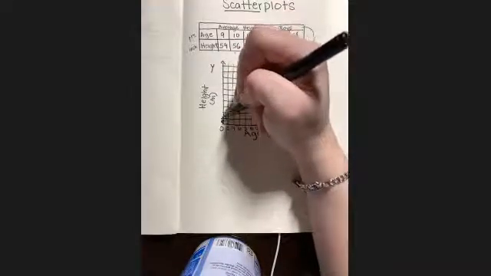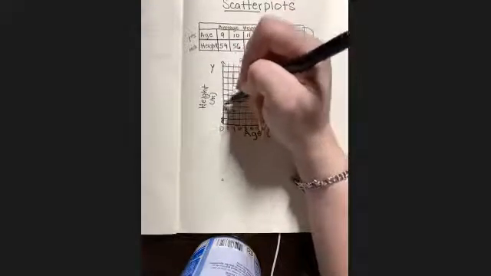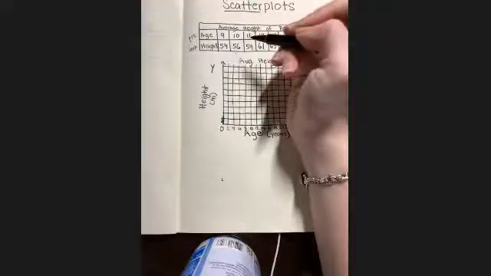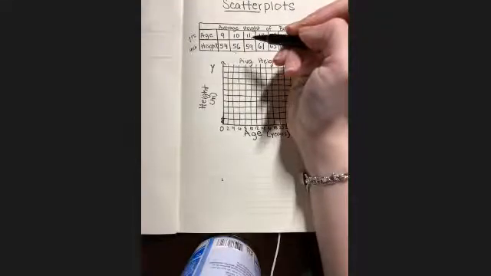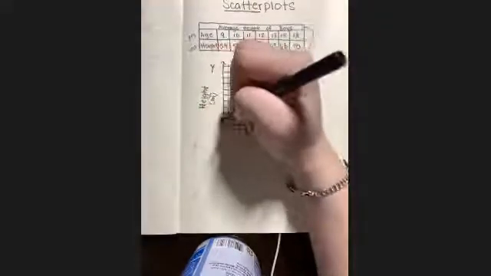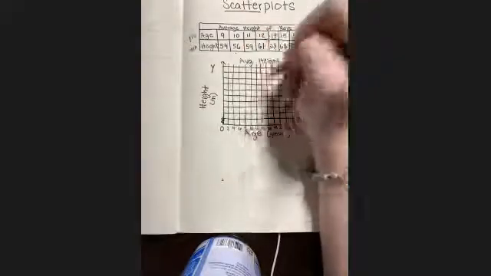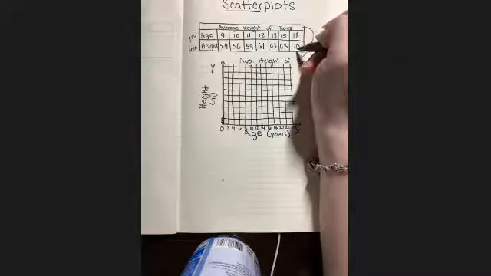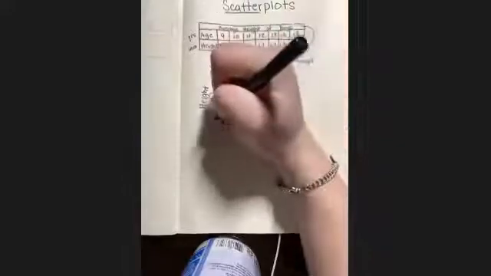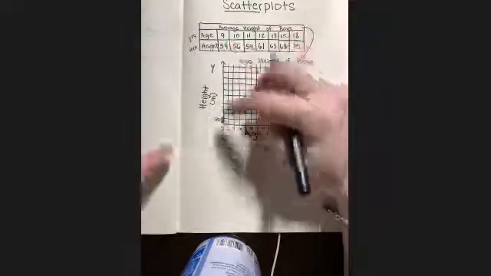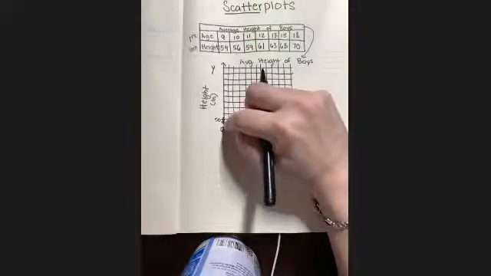Let's see: 1, 2, 3, 4, 5, 6, 7, 8, 9, 10. 10 lines. If I jump, yeah, I'll have enough. So because I'm thinking 10 lines, I do the same thing. I count by 2s. It'll take me right up to 70. Barely enough. So I'm going to make this line 50. And it's okay, like I said, we can do that because of this little cheat code here.